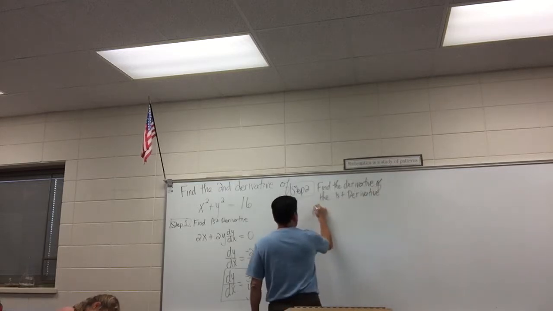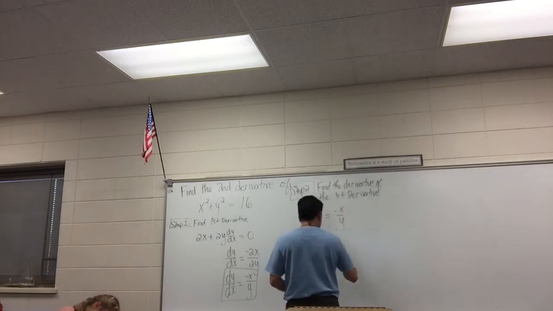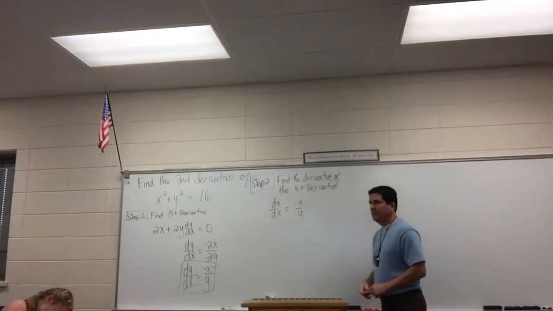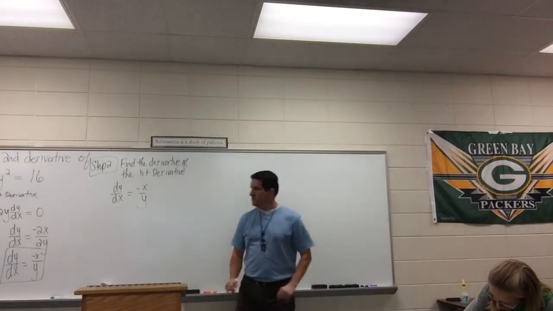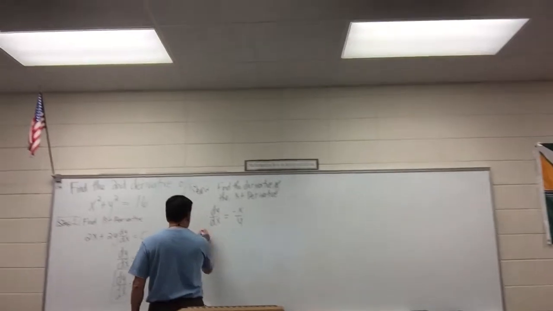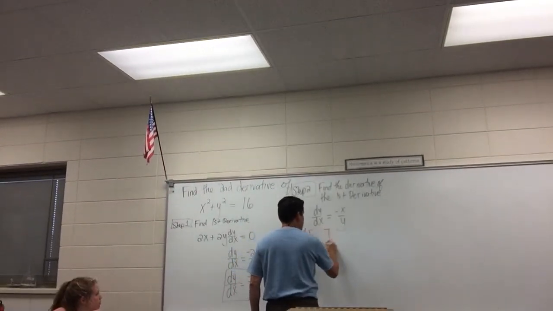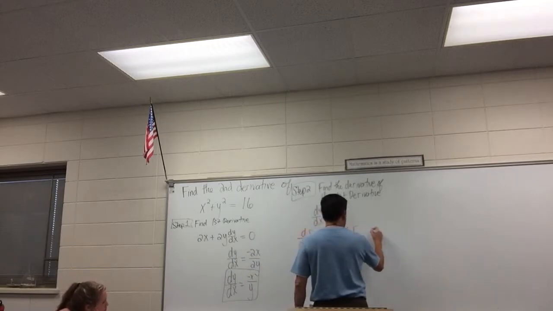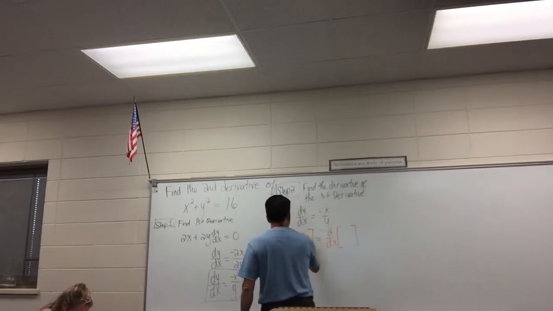And so if I start off with dy dx equals negative x over y, and I got to find the derivative of it, we're going to take the derivative of both sides. So this is where that notation comes in. d dx of this equals d dx of this.